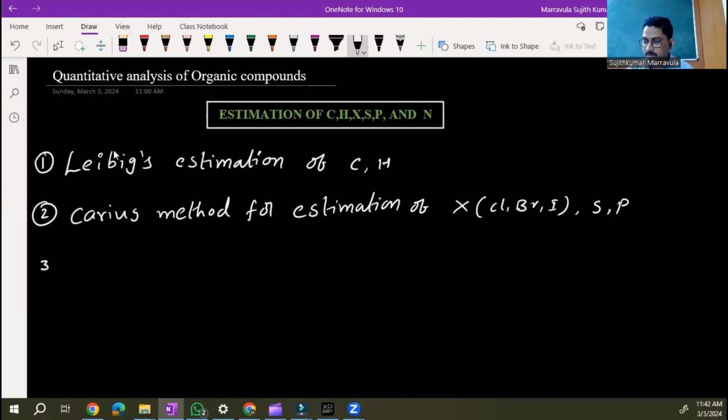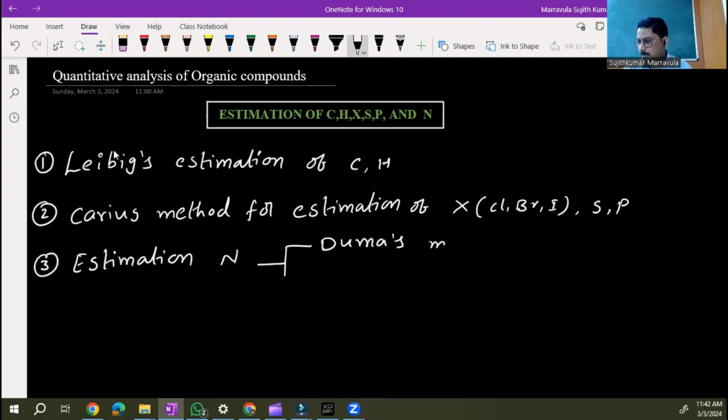And the third method, which is very important, is the estimation of nitrogen. For the estimation of nitrogen, there are two methods. One is the Dumas method and another one is Kjeldahl's method.